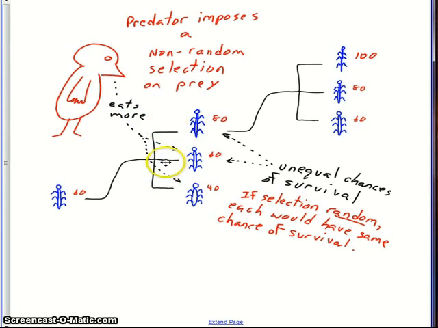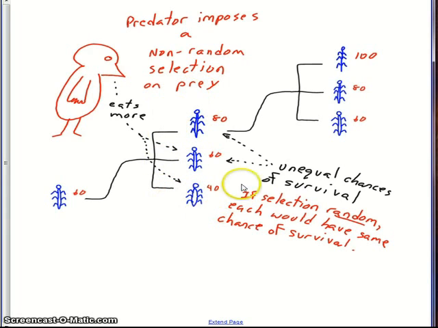Now think about it this way. If what the predator was eating was just random, then the predators would be eating the 80%ers and the 60%ers and the 40%ers, right? There would be equal chances of being eaten. But in reality, there are not equal chances of being eaten. The bird is seeing the 60%ers and 40%ers more easily, so eating these more often than eating the 80%ers.